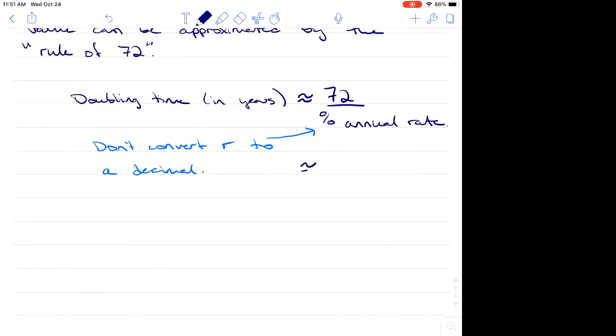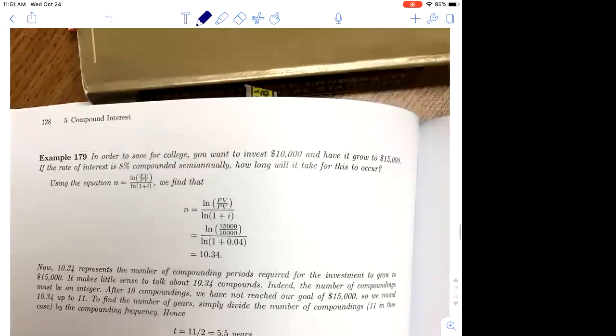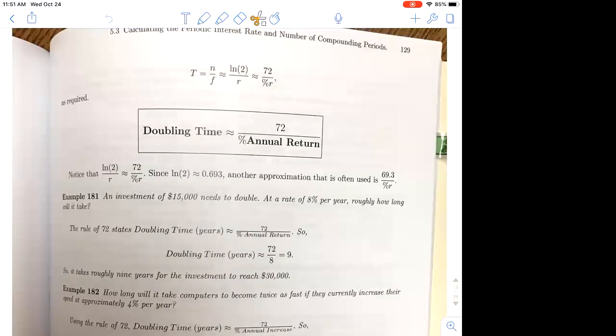So what we have is 72 divided by the rate as a percentage. So it's basically the same as what we just did by example 181. Why not?